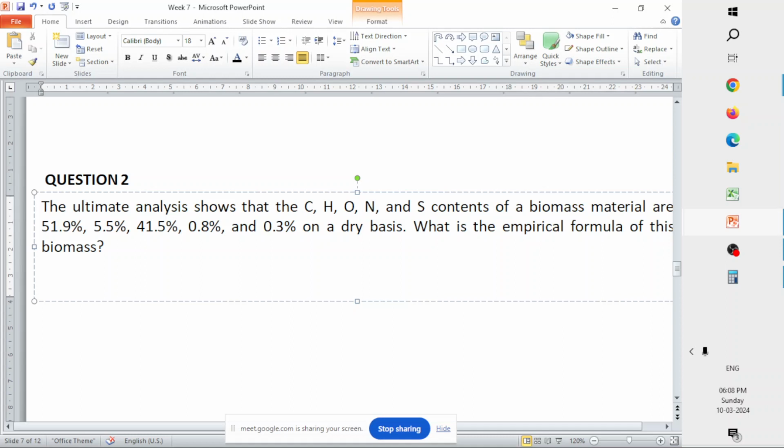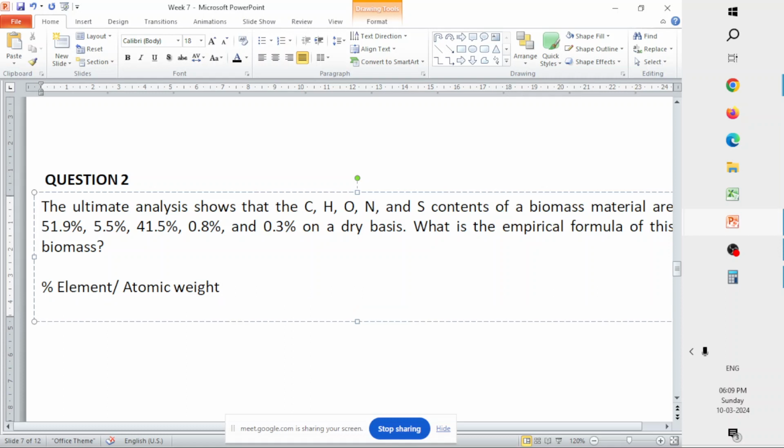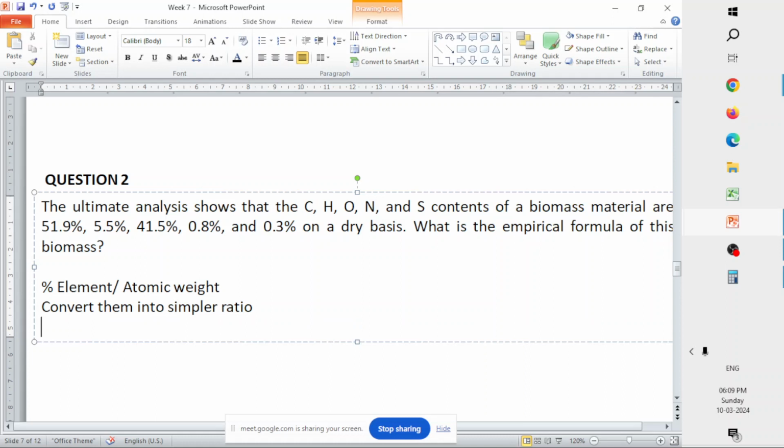So let me just write the equations alone, what you have to do. The percentage of element divided by their atomic weight. Once you do that you will be able to find out the ratios and then convert them into simpler ratios. This will give you the formula for your biomass.